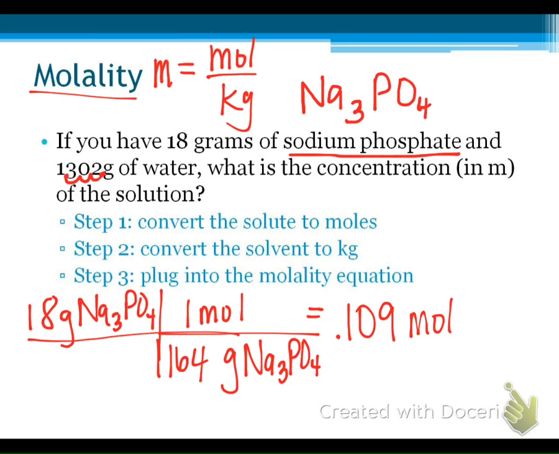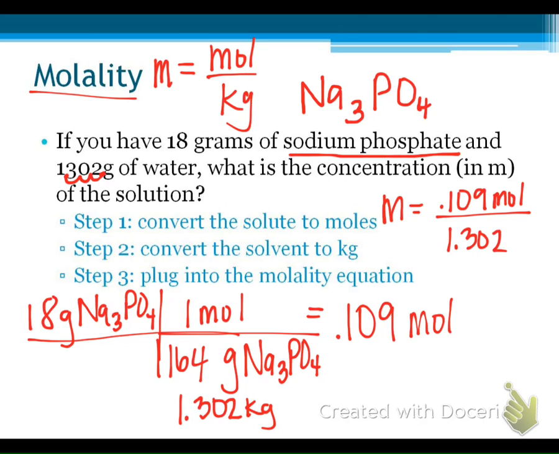So what we're going to end up with here is 1.302 kilograms of our solvent. So we're going to solve m equals 0.109 moles divided by our kilogram amount, which is 1.302.